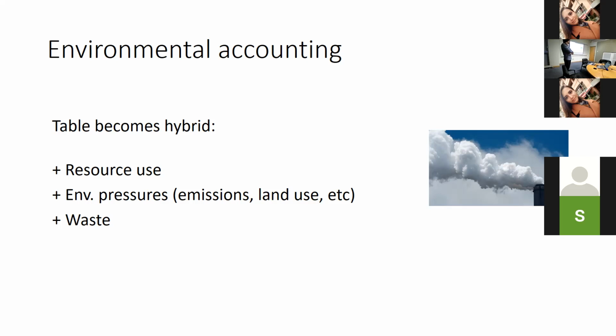Basically, these are the same tables, but added to those financial transactions in your economy, you have information regarding the resource use, let's say the extraction of material, by each industry in your economy. You have information about the environmental pressures, like emissions, land use, and the waste produced by each industry.